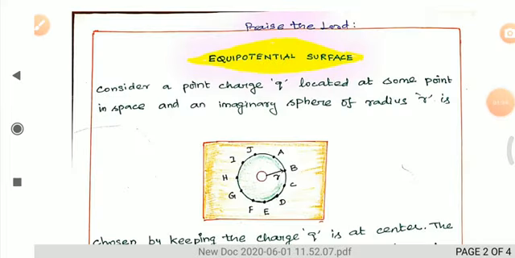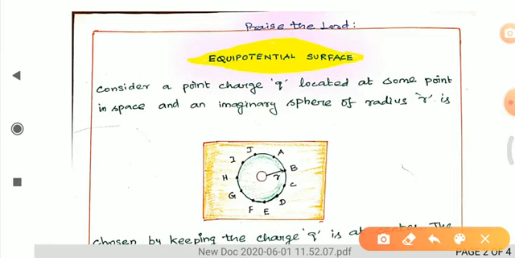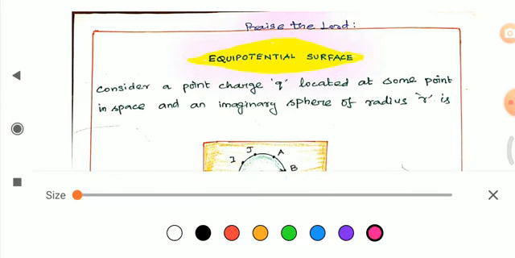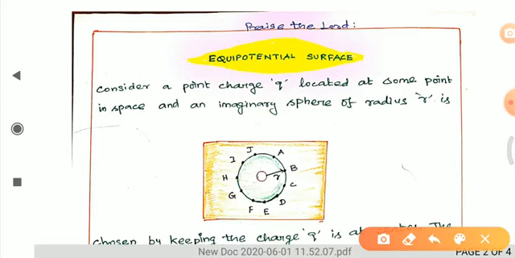In this picture we can easily see the source charge kept at some point in space. Otherwise, we can imagine a unit positive charge, a plus q charge, kept at some point at a distance of r from this source charge.